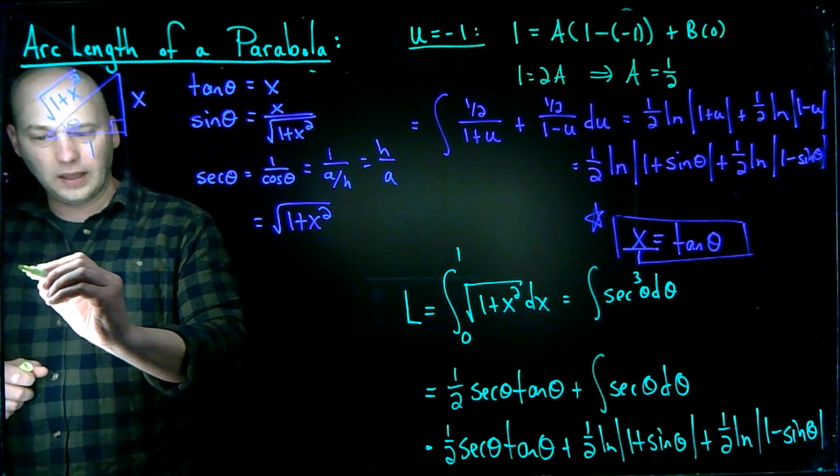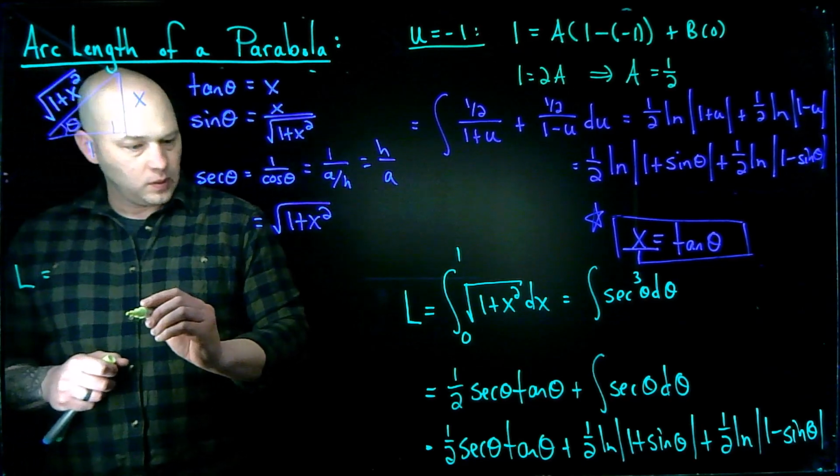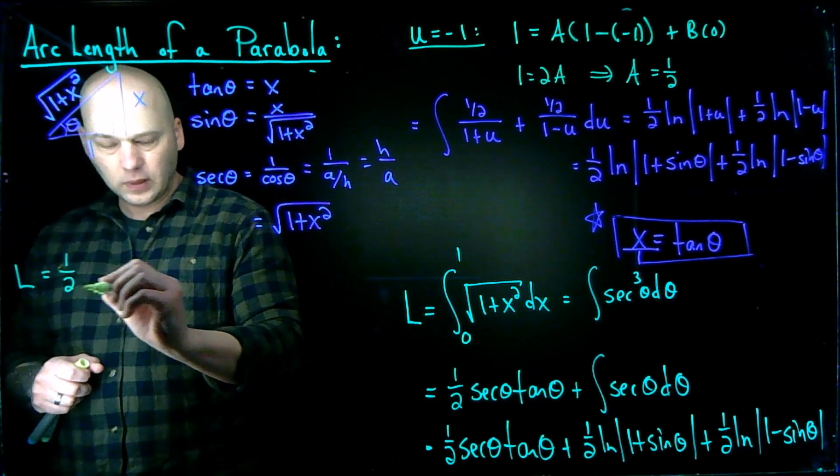So therefore the length is 1/2 times the secant.